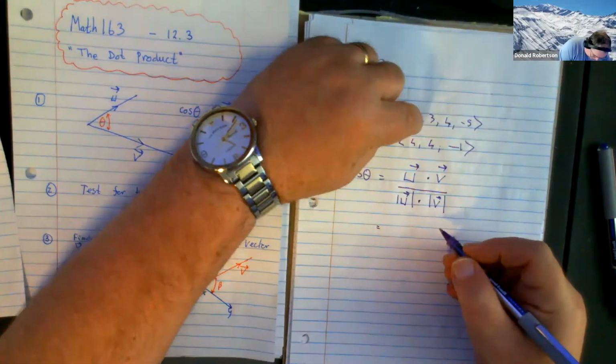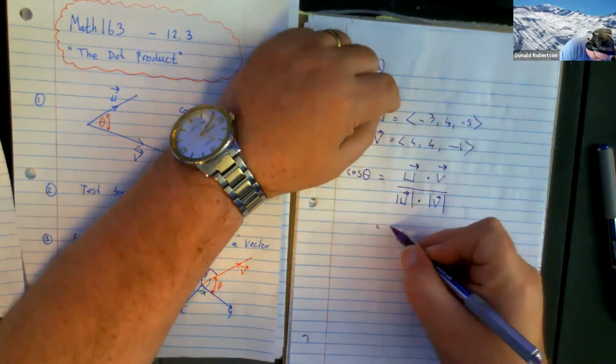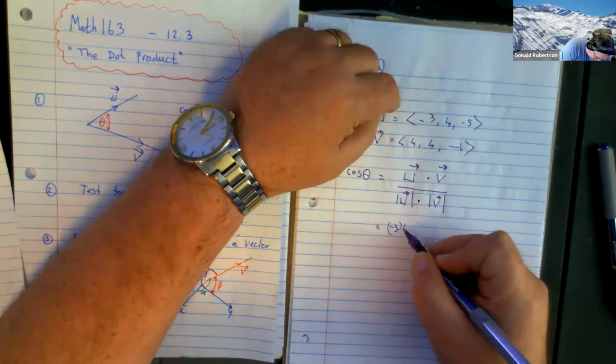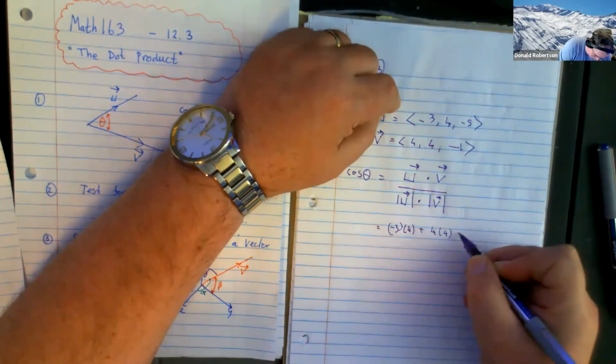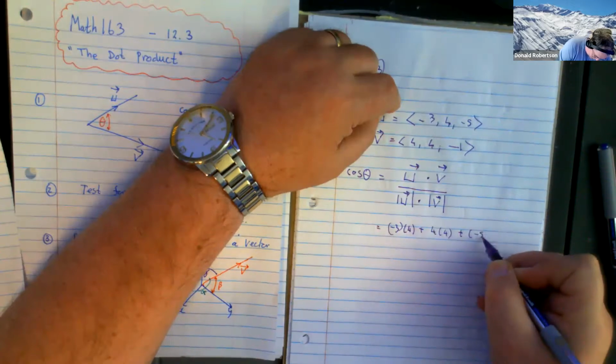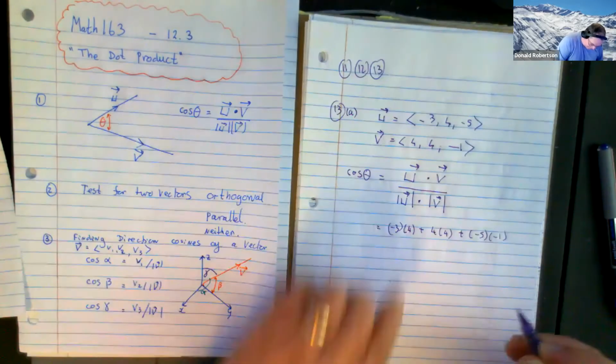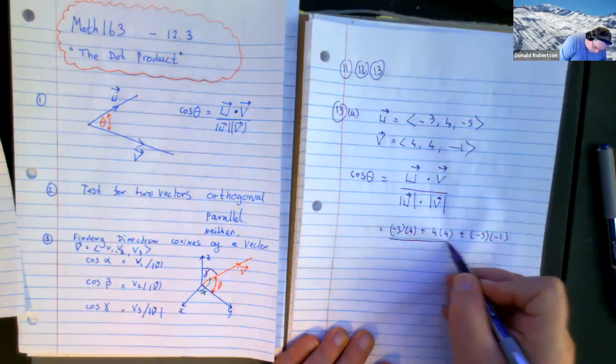Okay. Dot product: -3 times 4, add 4 times 4, add -5 times -1, all over.